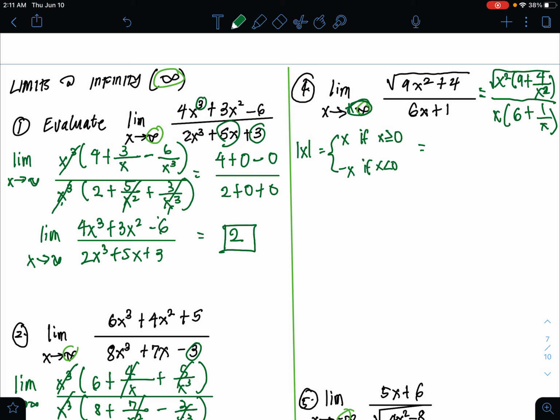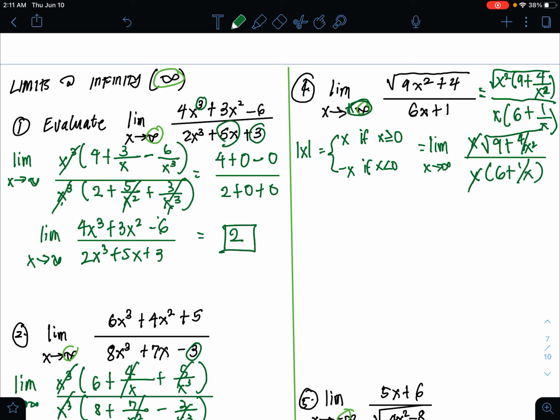Malimtan na sulat ang limit. So, may tabuhan na ron kis square root of x squared is x. Tapos, ang mabilin is the square root of 9 plus 4 over x squared, all over x times 6 plus 1 over x. Cancel.